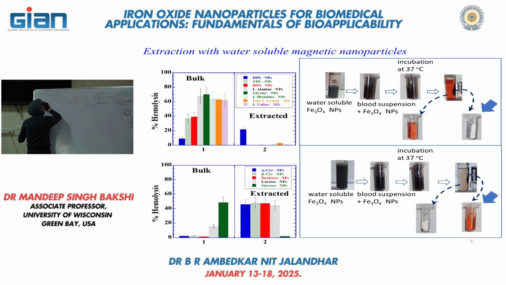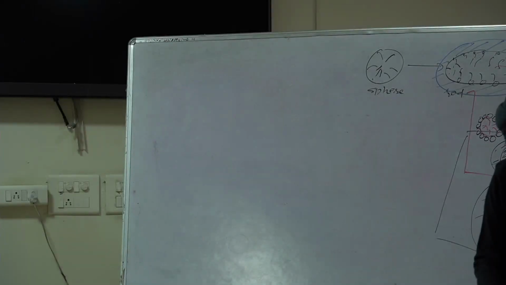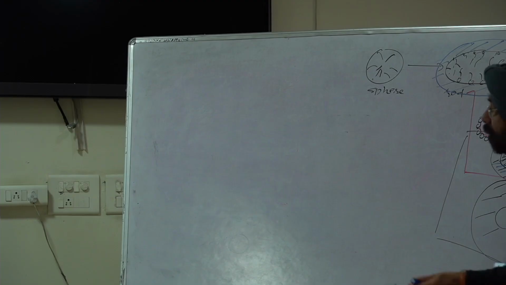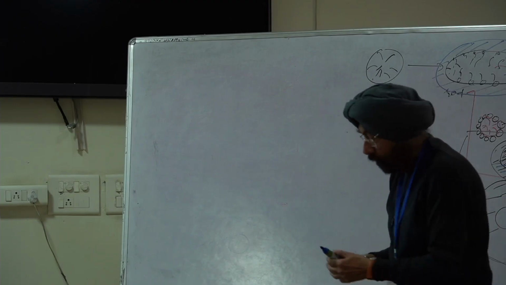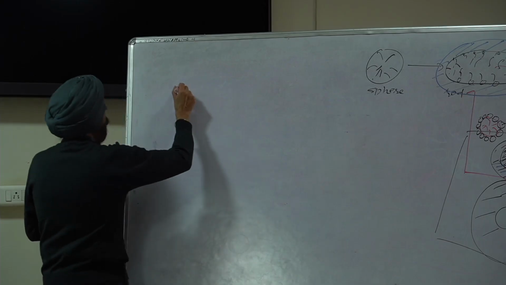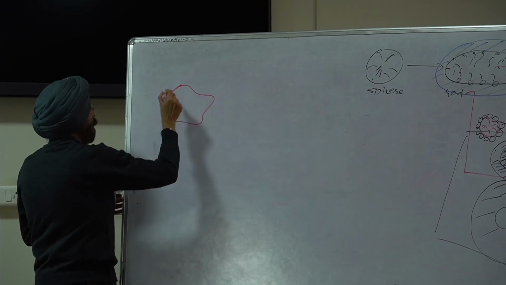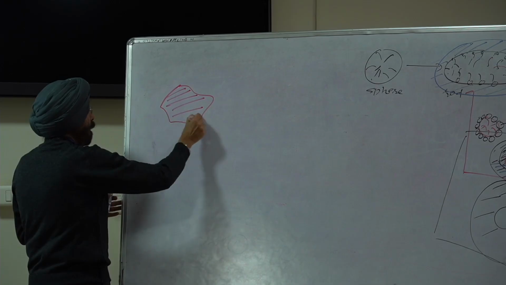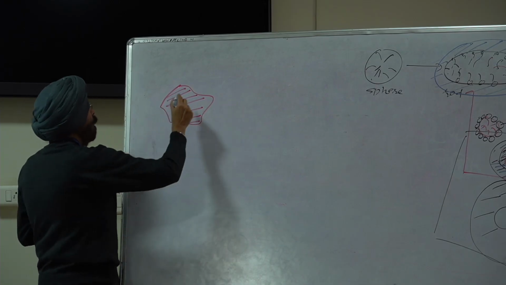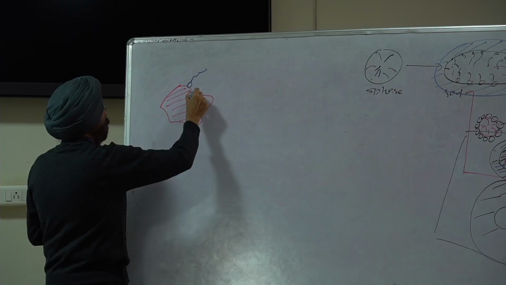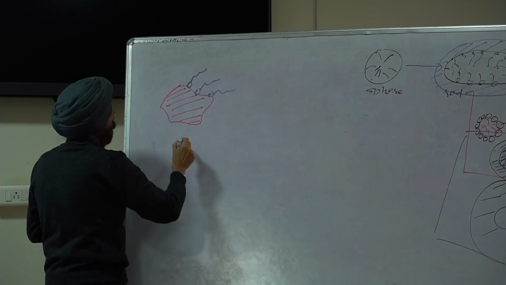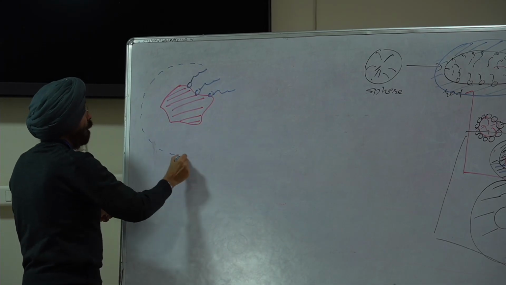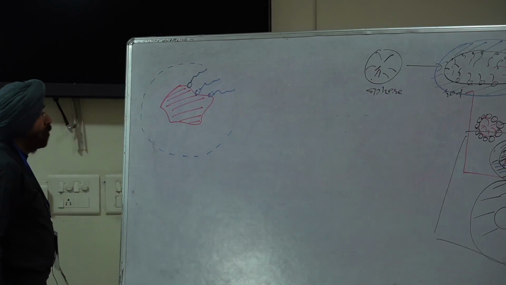As I told you, the magnetic nanoparticle can be stabilized with, suppose I say this is a magnetic nanoparticle, okay? So this magnetic nanoparticle is stabilized by a bilayer of amphiphilic molecules. So this is the monolayer, and then we have the bilayer.